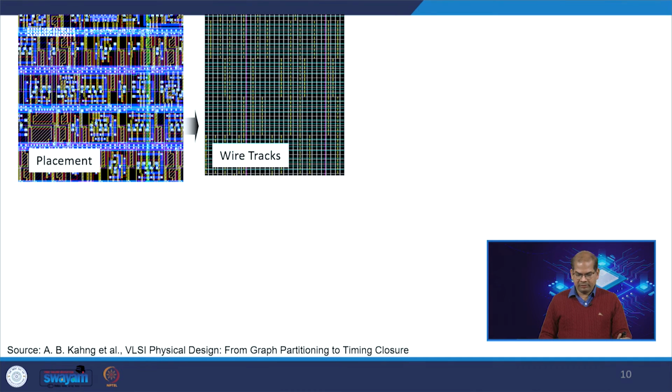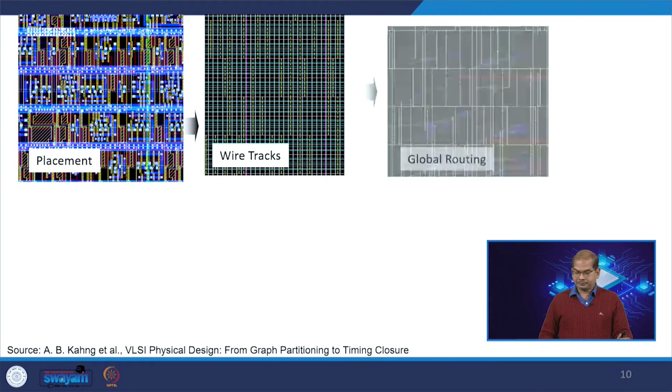Then what we are defining here are the wire tracks. If you can see here, let us say in case of a typical process, if you have multi-layer metal, each of the metals has different tracks. So, based on that, this track is defined in the layout area.